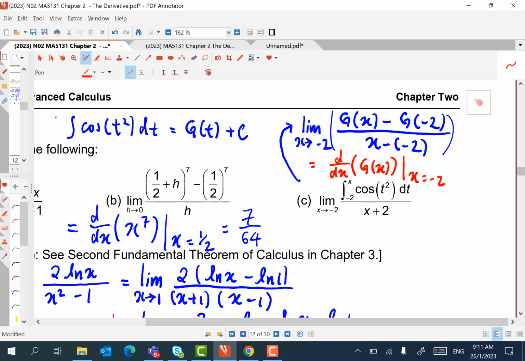Given that this is the thinking, tell me again, what is the differentiation of g of x?